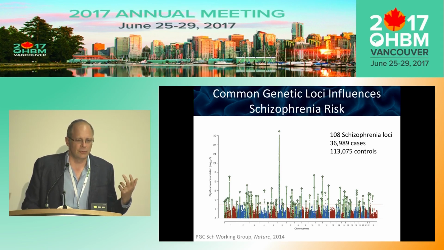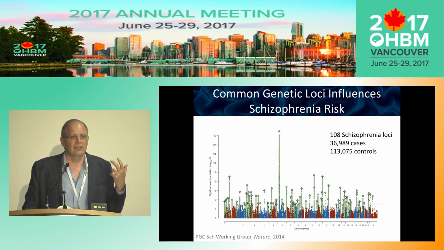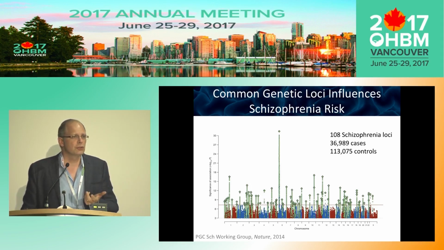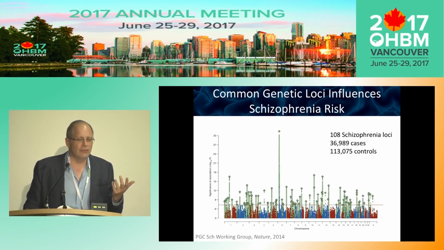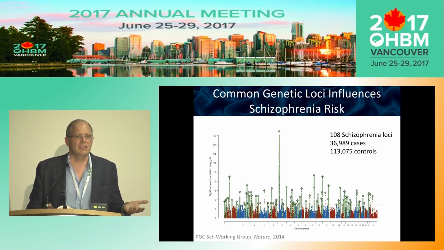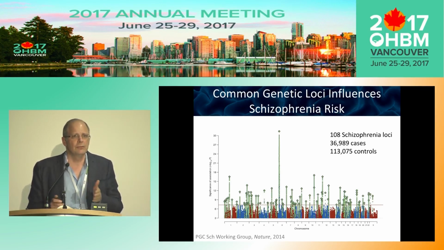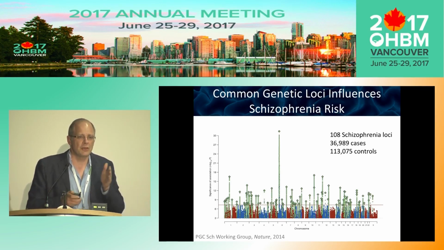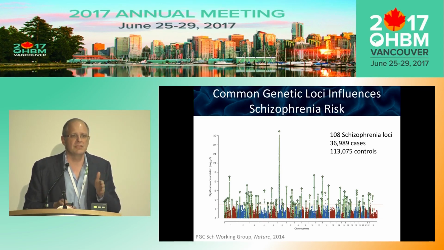They took 36,000 or so individuals with schizophrenia, and they compared them to 100,000 or so controls at millions of points on the genome, and they came up with 108 loci that dissociate individuals with schizophrenia from controls, right? Now, none of these loci is giving you a specific gene. They are giving you a locus. But you can see that you have this one mega hit right here, right?